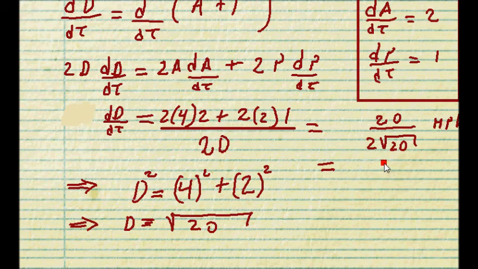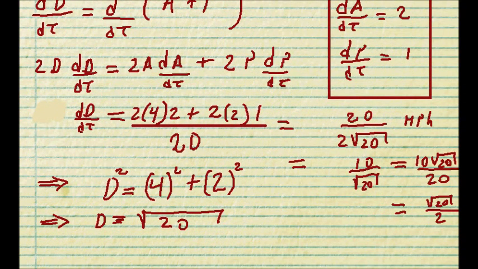If I rationalize the denominator, this is just going to become 10 times the square root of 20 divided by 20. So this is really going to be the square root of 20 divided by 2. So this over here is the rate of change of D in miles per hour.